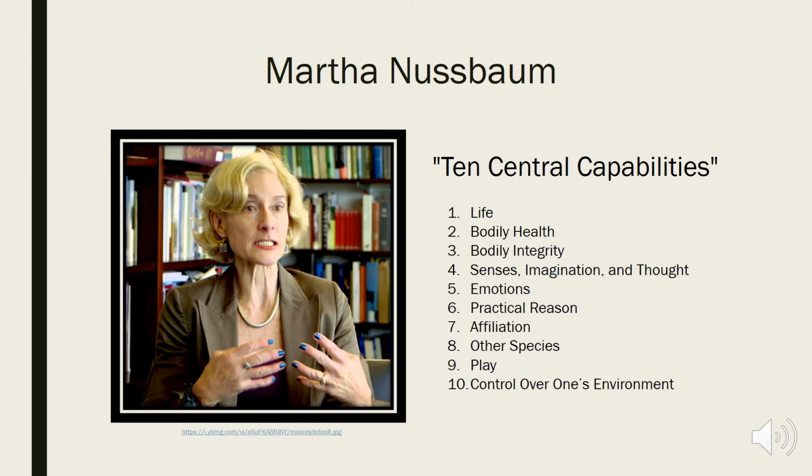When Hayden and I analyzed this list, there were one or two that felt a little bit extraneous. The first being other species, and the second being play. While we see that these could feasibly be important in one's development, we also don't think that they are 100% necessary for one to live both a dignified and healthy life.